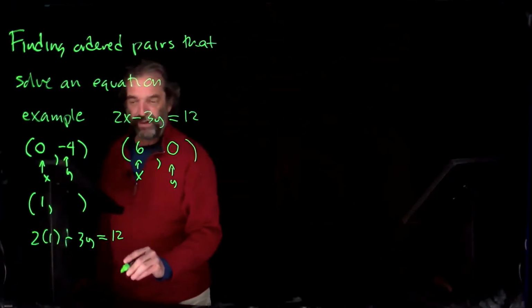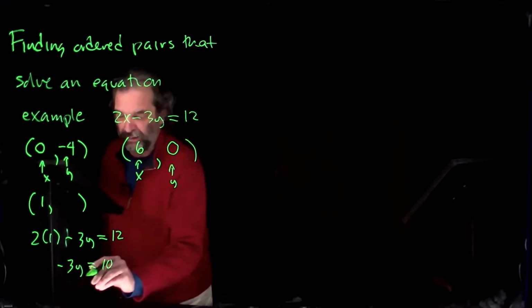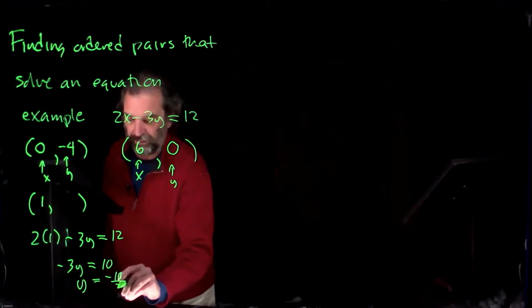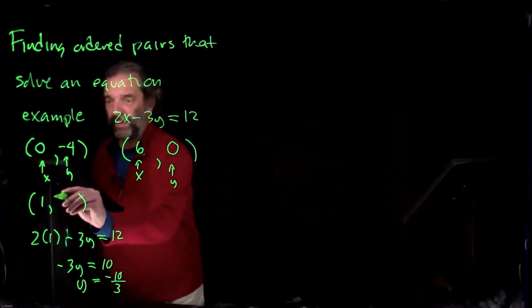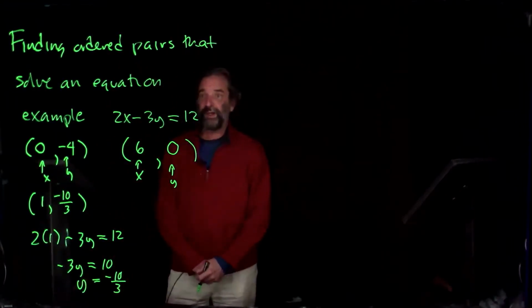So that's 2 minus 3y is 12. That's minus 3y is 10. So y is minus 10 thirds, dividing by minus 3. So fractions do come up here. That would be just picking a number for x.